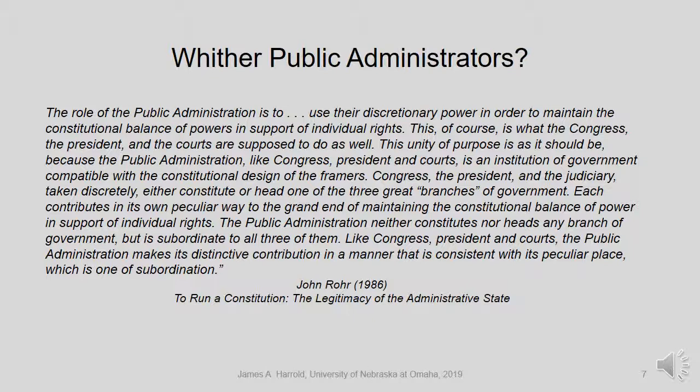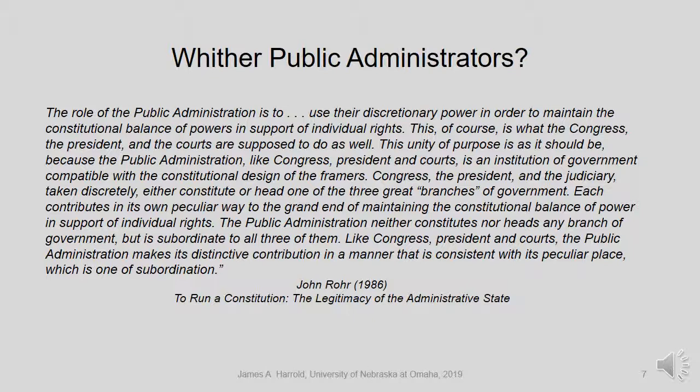So here's Rohr's contention. Rohr's contention is not that administration is a fourth branch of government, but that administration really has a constitutional status because of separation of powers. And so public administration really answers not just to the executive, but also to the Congress and to the courts.